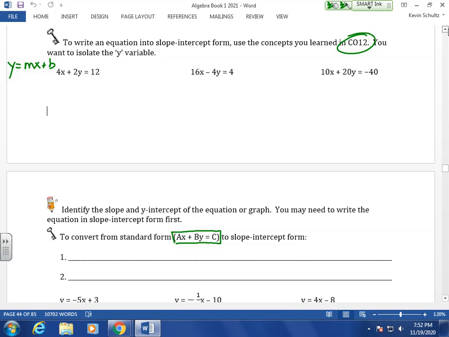The 2 steps to convert from standard form to slope-intercept form: step 1, use opposite operations to move the x term to the other side.